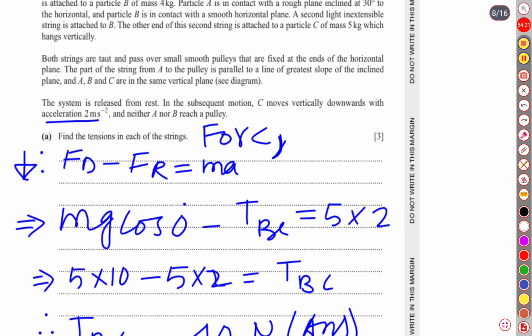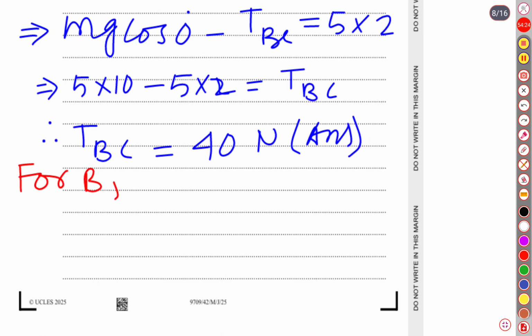So we are going to apply the same concept of Newton's law of motion, that is, driving force minus resistance force is equal to mass into acceleration.